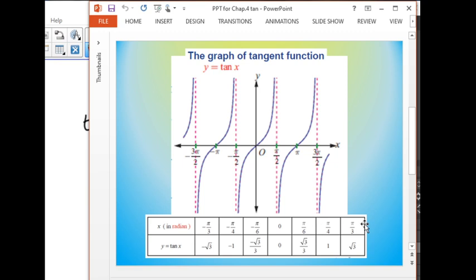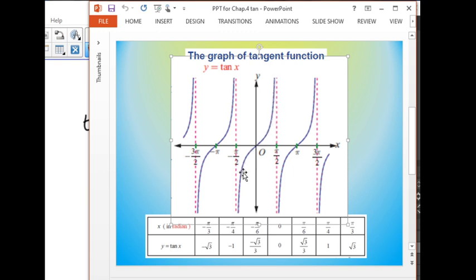When you plot all this on the x-axis and the y-axis, this is the origin, O. We also know that tan 90 is infinity, it is undefined, so the curve goes up. So we have curves like this.